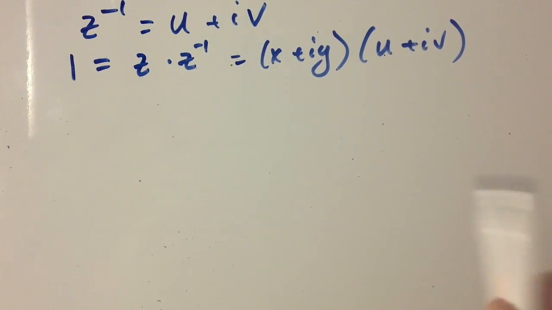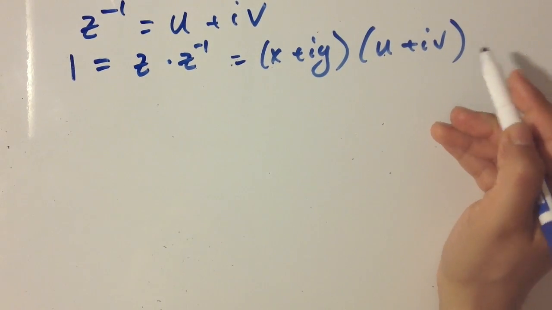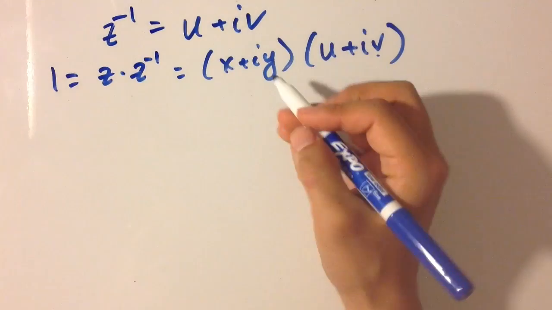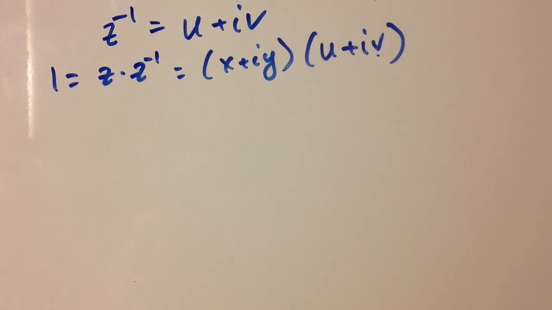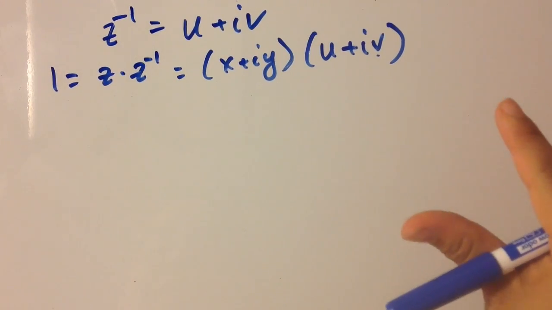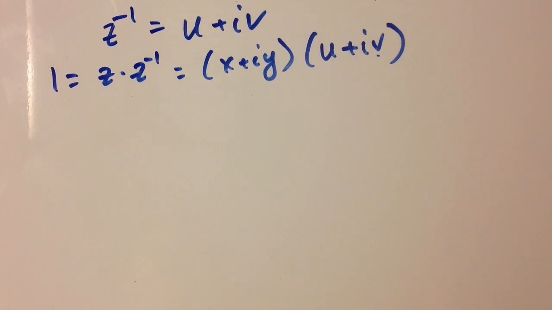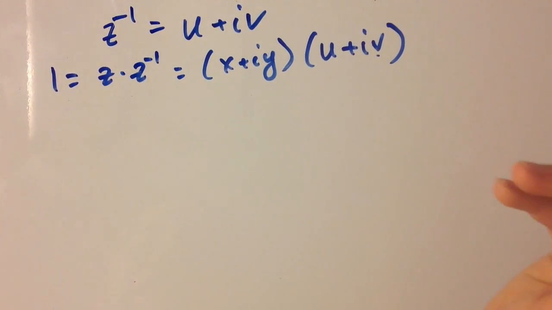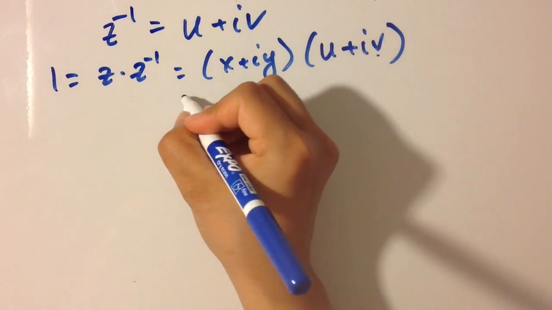At first it would seem like we have one equation and two unknowns. However, when dealing with complex numbers, we can use the real part and the imaginary part to turn one equation into two. First, I will need to multiply everything out and separate everything into real and imaginary parts.